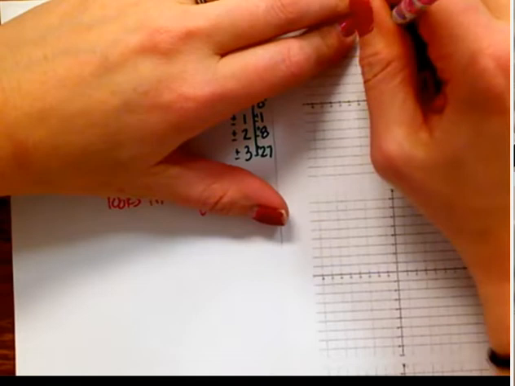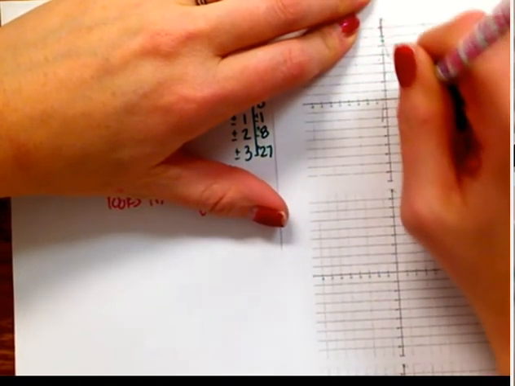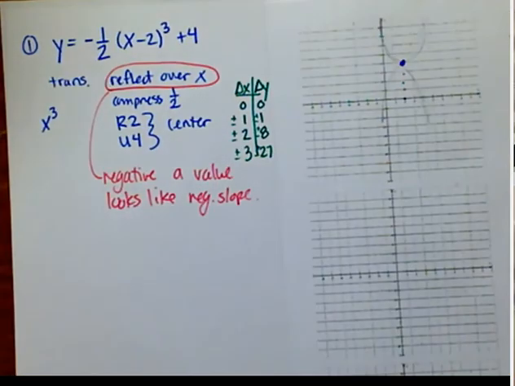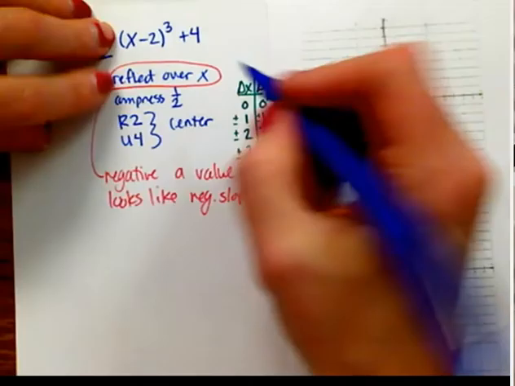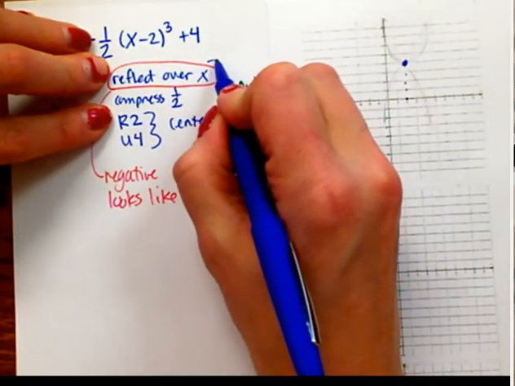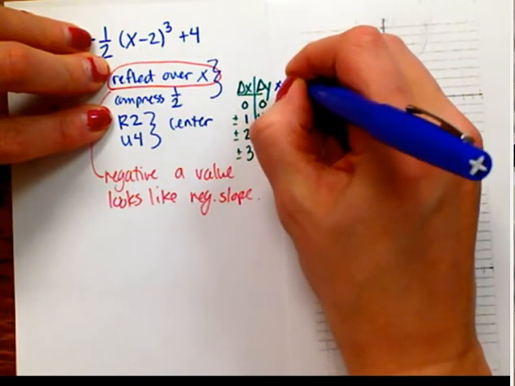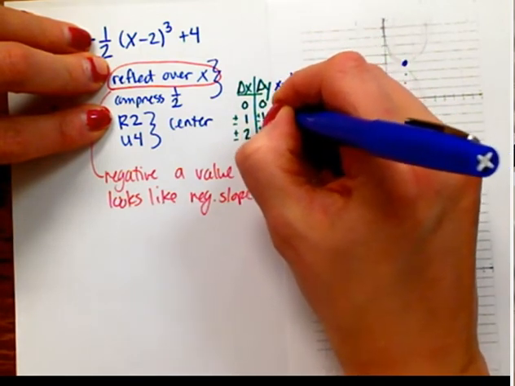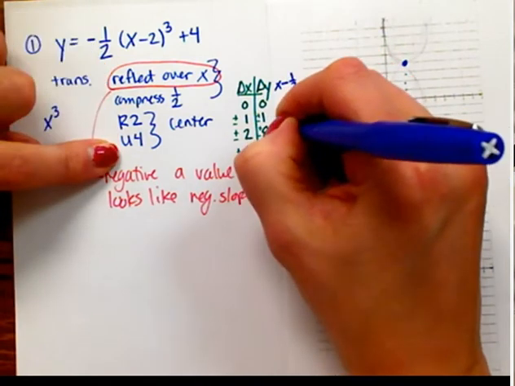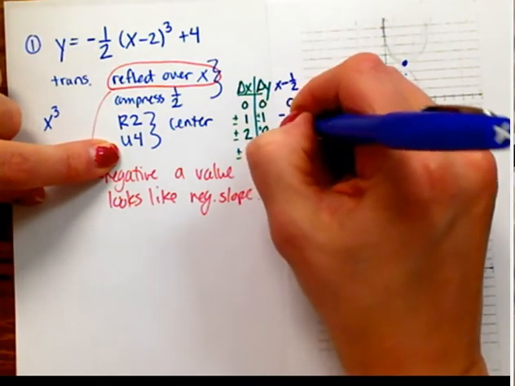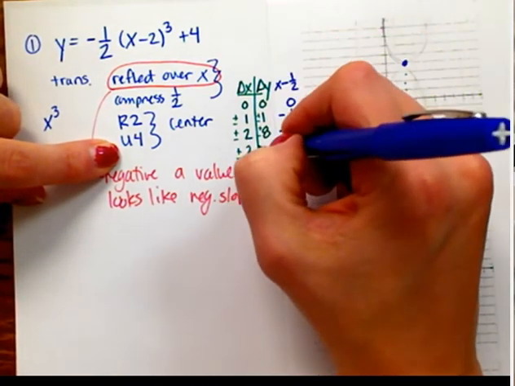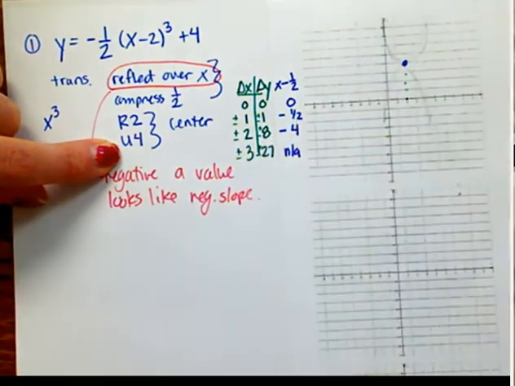Okay, so let's go ahead and plot the actual points here. Let's do both of these at once with our table. So we're going to times by negative 1/2: 0, minus 1/2, minus 4, and I'm going to leave that one off.